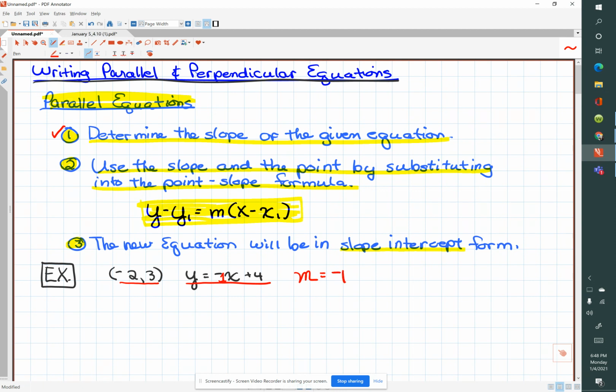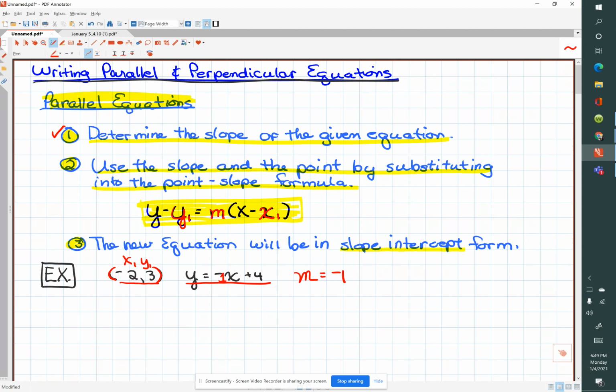Okay, step 2 says use the slope and the point by substituting into the point-slope formula. So we've got a slope of -1, so we're going to substitute that for the m, and we're going to consider this point here. This is going to be our x1, y1. So we're going to substitute the y1 value and the x1 value.